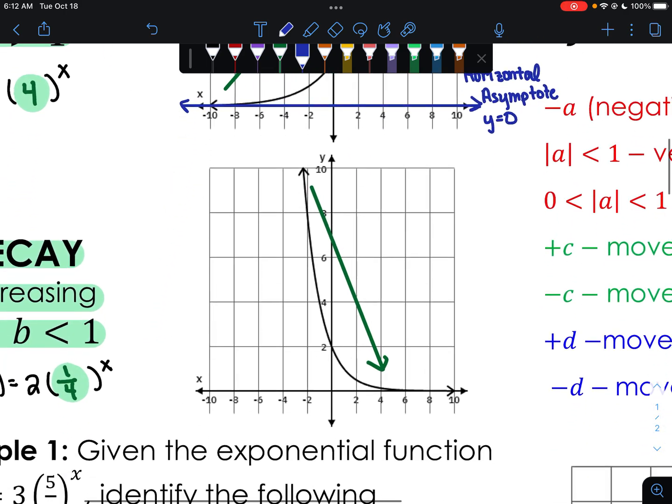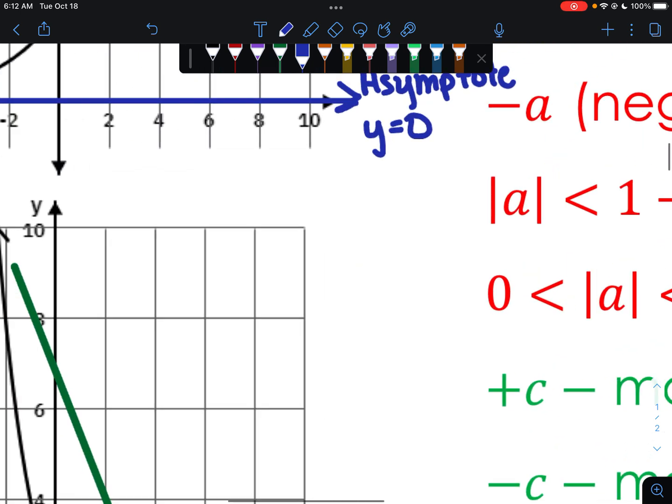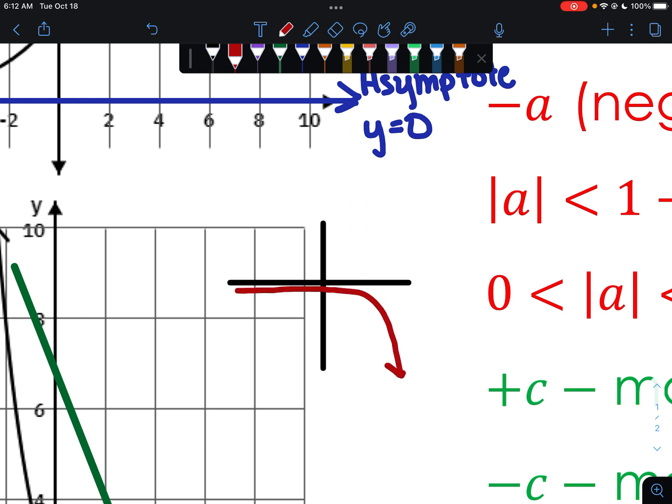Now, looking at this next one, this also has a horizontal asymptote at 0. So its domain and range would be the exact same of the one right above it. Okay, but I do want us to sketch one that looks a little different. So if we have this graph right here, and we have the function that looks like this, this still has a horizontal asymptote at 0.